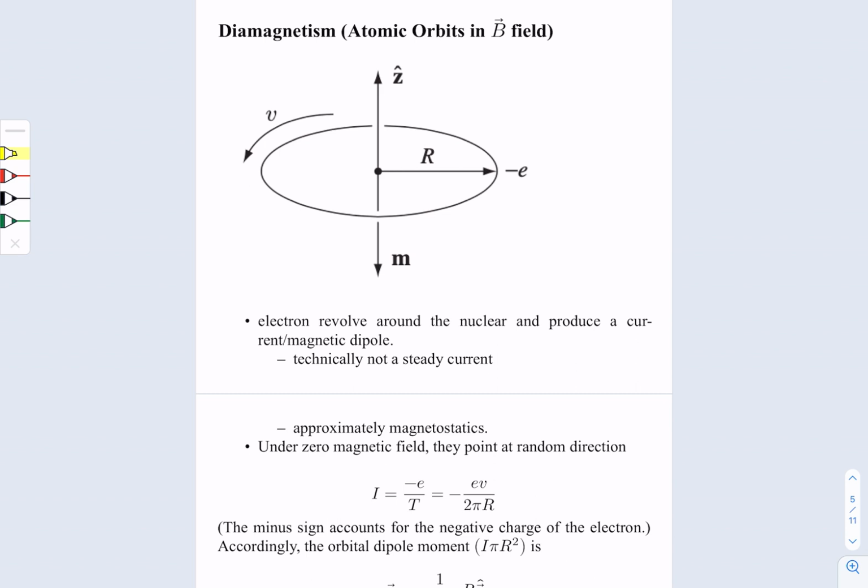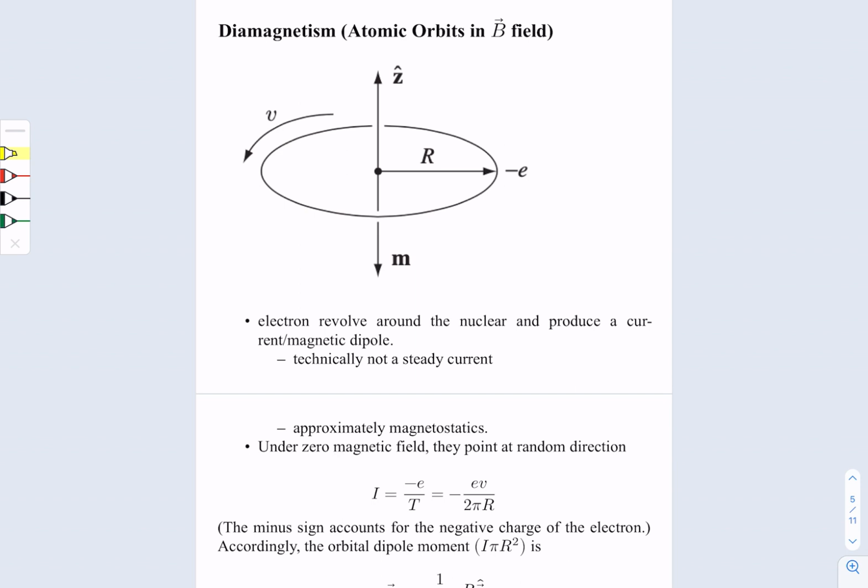Even though technically speaking this is not a magnetostatic case, because there is a charged particle moving, this moving speed is not approaching the speed of light, and we are also interested in the field near this orbital. So in this case, magnetostatics can still approximately be valid.